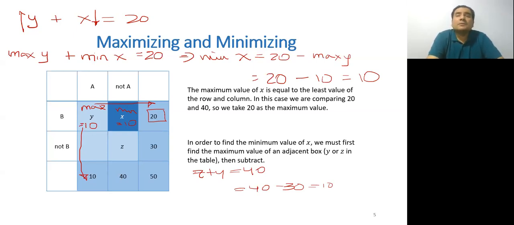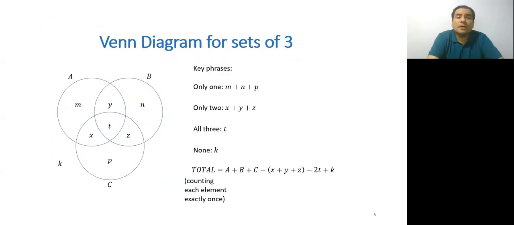Let's now talk about a little something for the problem of 3 overlapping sets. In this case, we now use the Venn diagram for 3 overlapping sets. When you have 3 overlapping sets, you have several types of intersections.